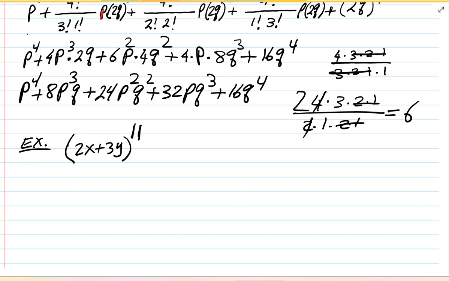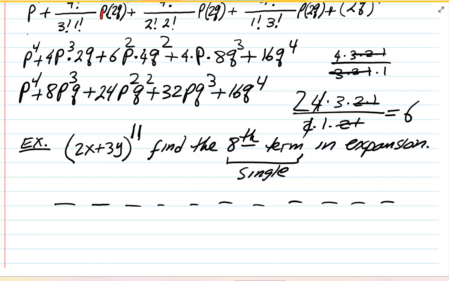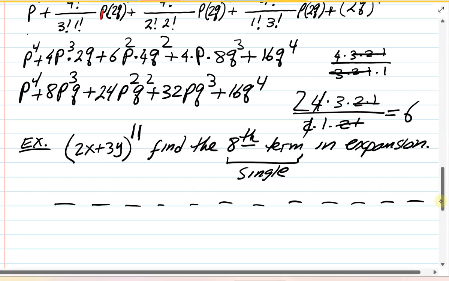So for example, let's say I want to find the 8th term in the expansion. The idea is this: I want to find a single term. I don't want 12 terms. That's just too many, right?